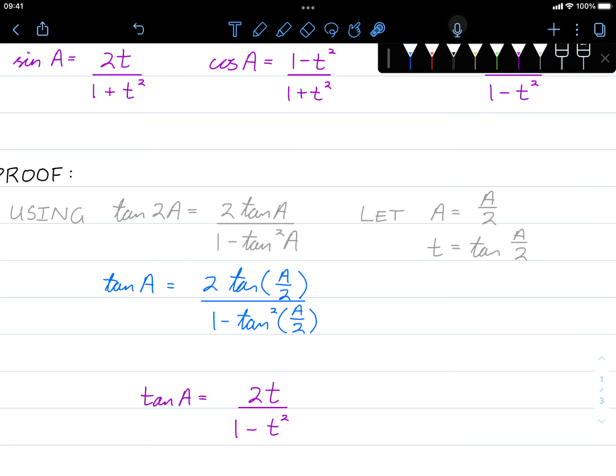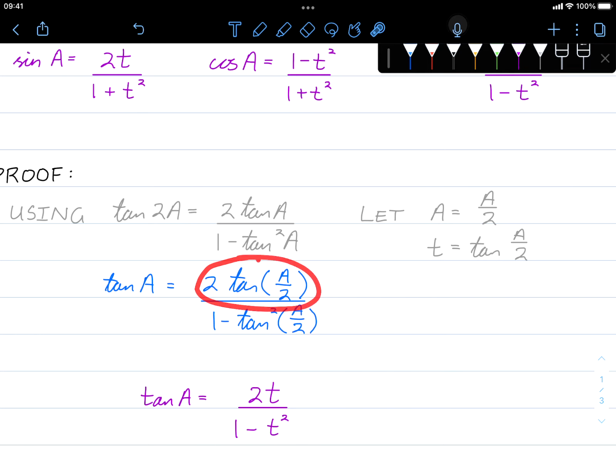And from here, we're going to let a become a on 2. Same with these. So we get 2a, but since it's a on 2, it just becomes a. So it's 2 times a on 2. So these two cancel, leaving us with tan a.